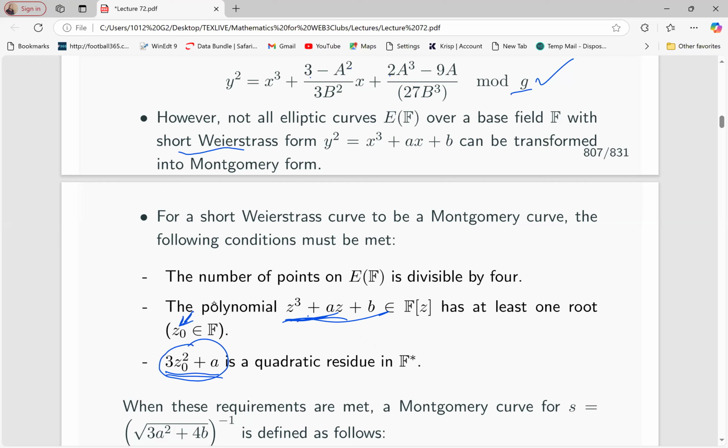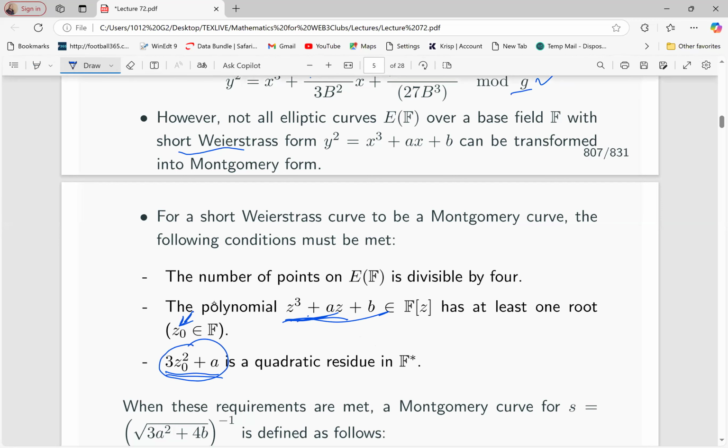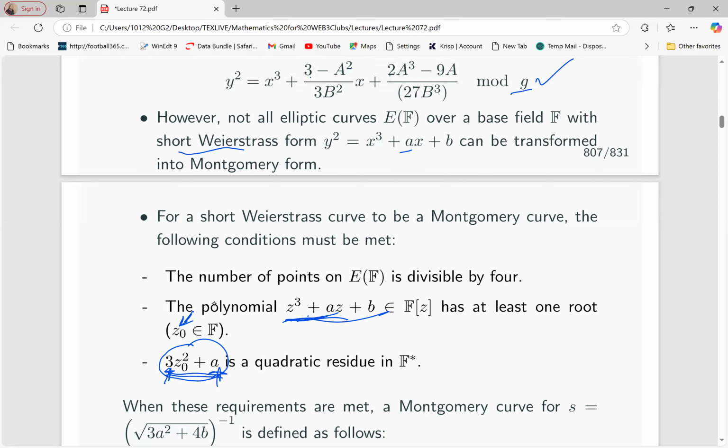So square that root, then multiply by 3, then add A to it. A is just coming from here. The answer that you get should have a square root. That's what it means, quadratic residue.